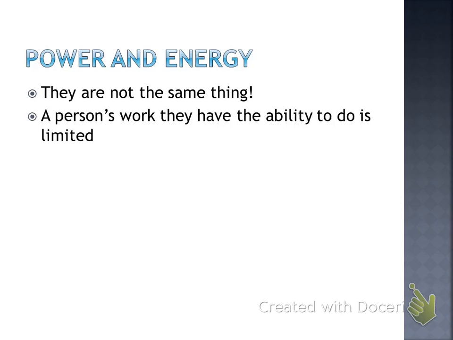Power and energy are not the same thing. The amount of work that we have the ability to do, or the amount of energy we have the ability to transform as a human person, is very limited. What are some things that might limit the amount of work that we can do?